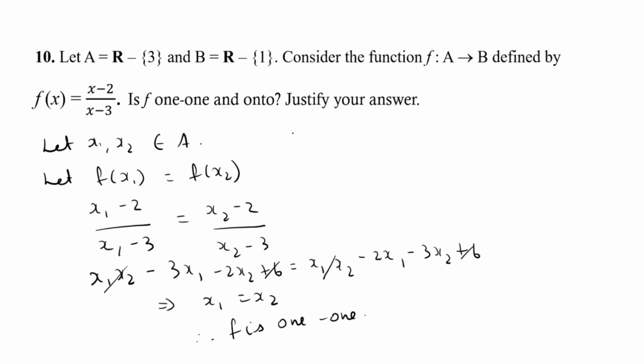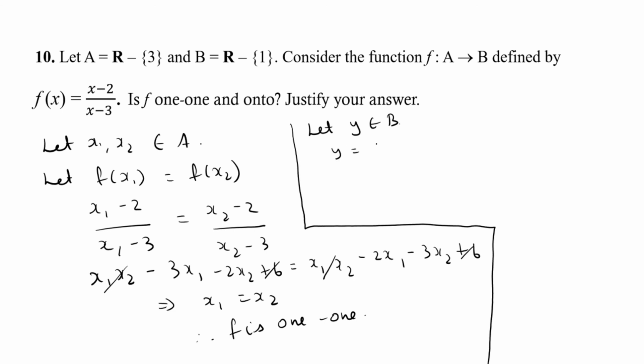Now we will prove f is onto. So let us take, let y belongs to B. So y is equal to (x-2)/(x-3).